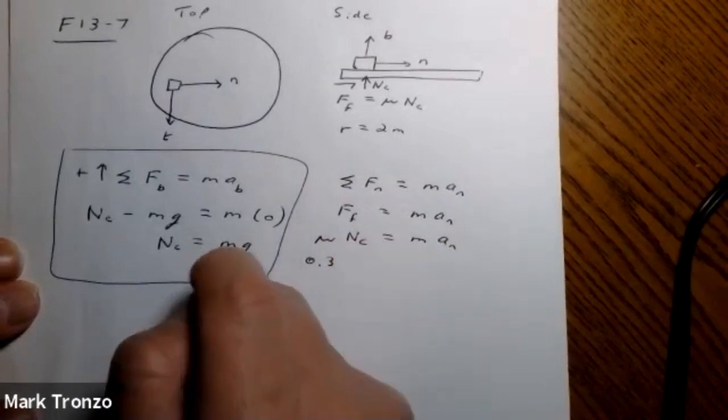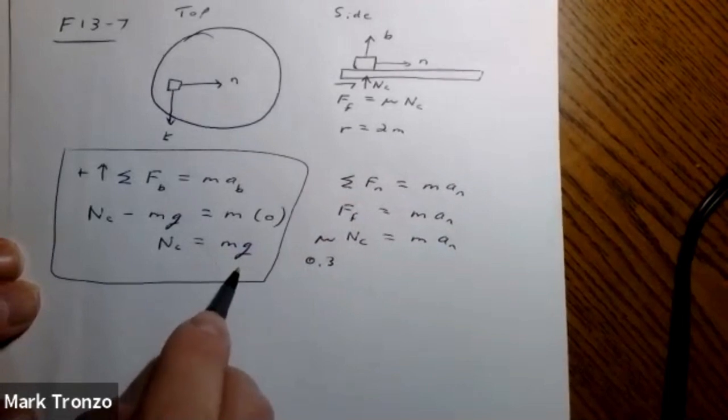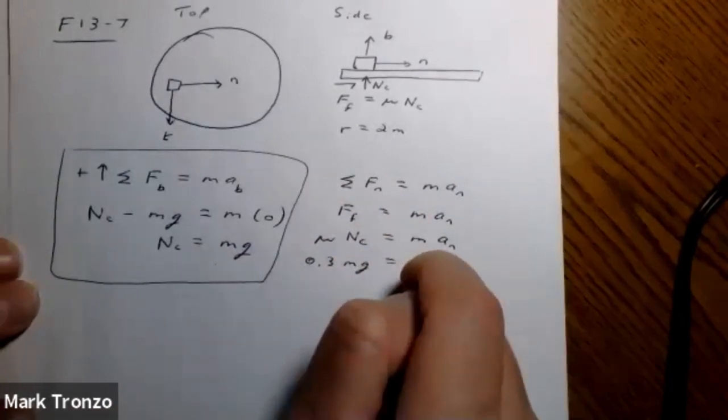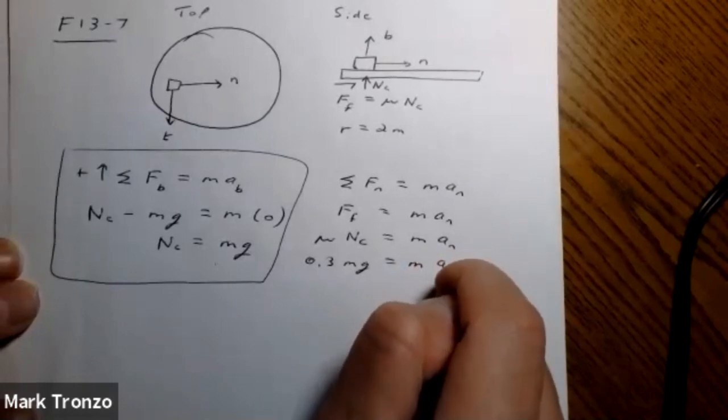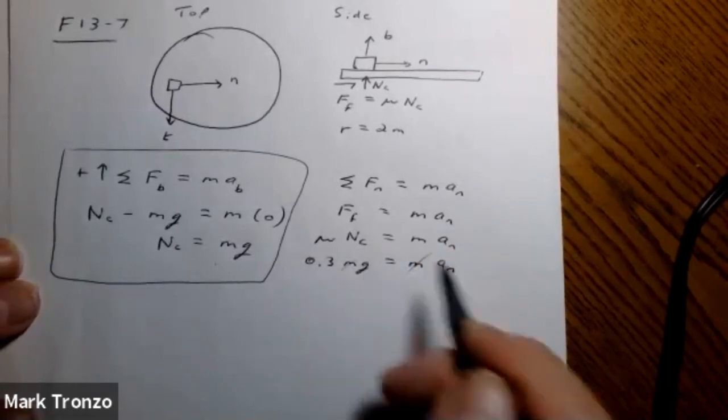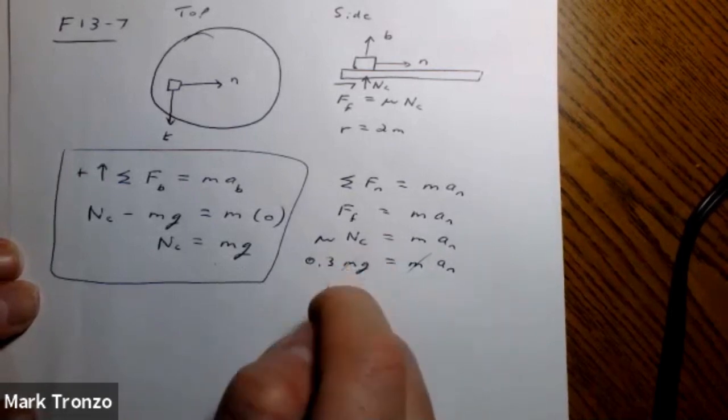And we said from over here, we said NC was mg. So a_n, the m's will cancel.